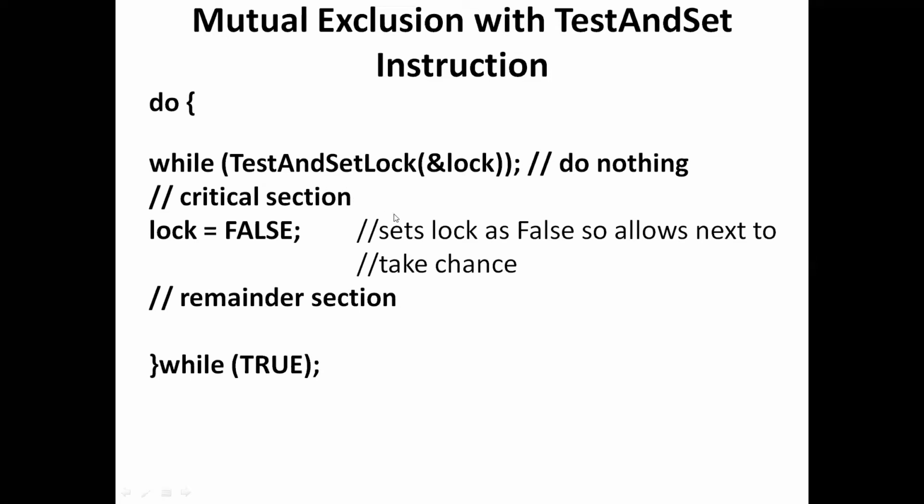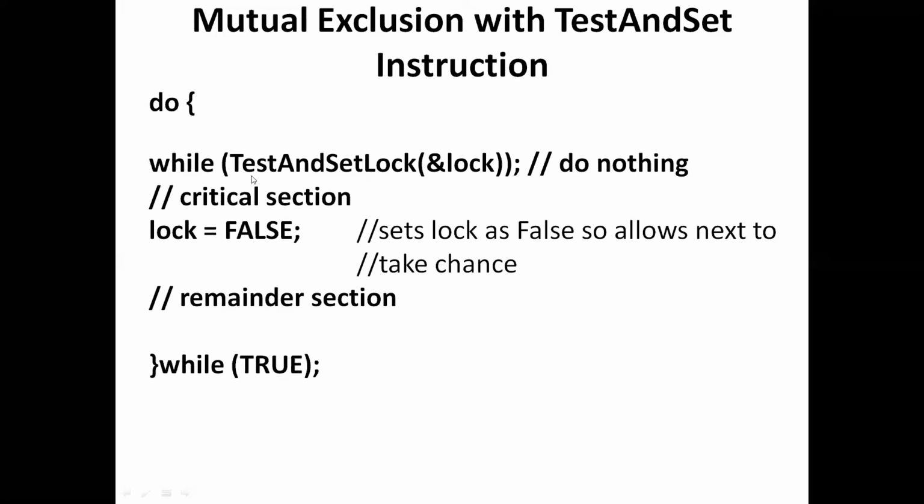If any other process is executing in the critical section, the process should wait. Initially there are no processes in the critical section, so this while condition is false, and process 0 comes out of the while loop and executes the critical section.